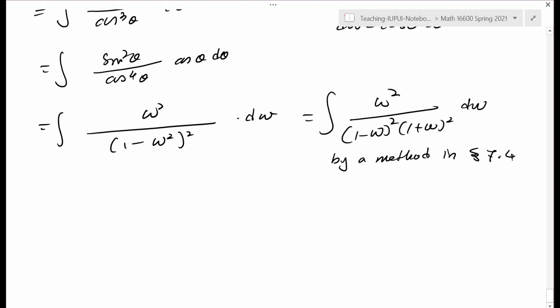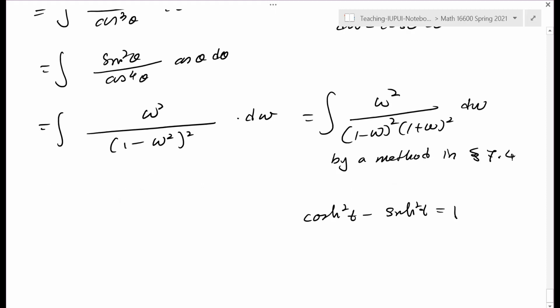Now what you can do is try a different substitution. Instead of a trigonometric substitution, you can use a hyperbolic one, because hyperbolic cosine squared t minus hyperbolic sine squared t is going to be 1.